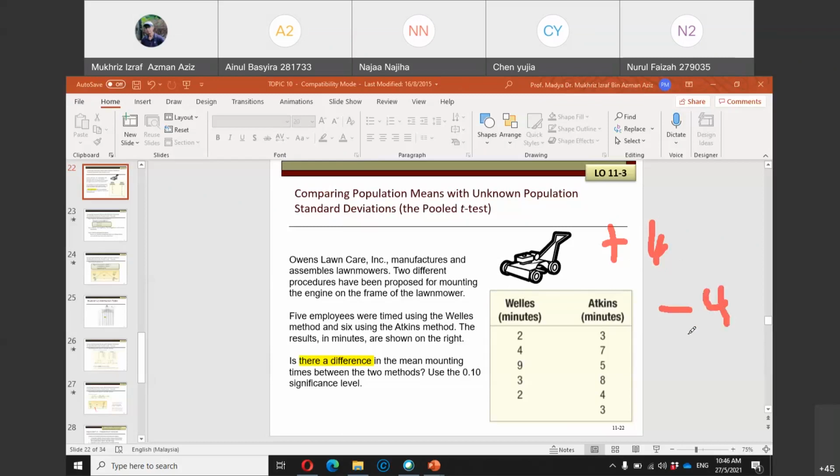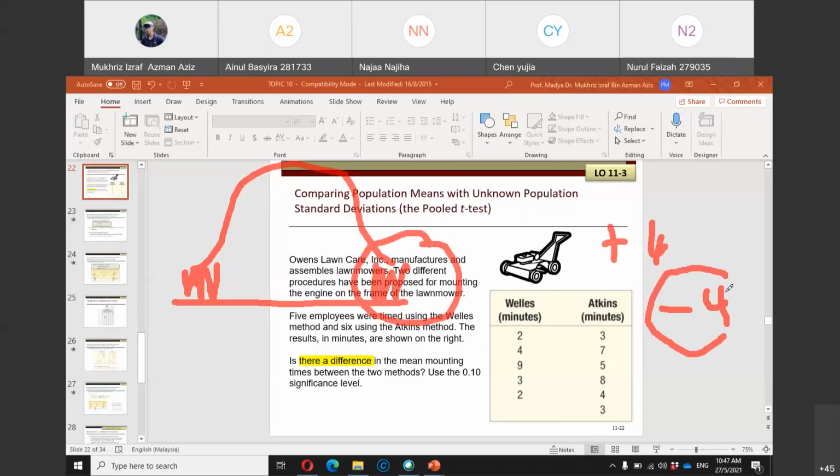Because of the nature of a two-tail test, not equal to, you are looking at the two sides of the tail, left or right side in your distribution. So even though the answer will have the opposite sign, depending on how you write your H1, the conclusion will still be the same. If you get plus 4, you are looking at the right side of the tail. But if you get negative 4, you are looking at the negative side of the tail.